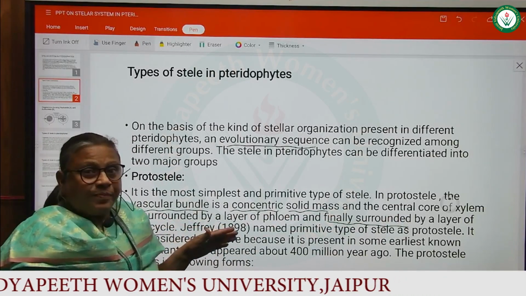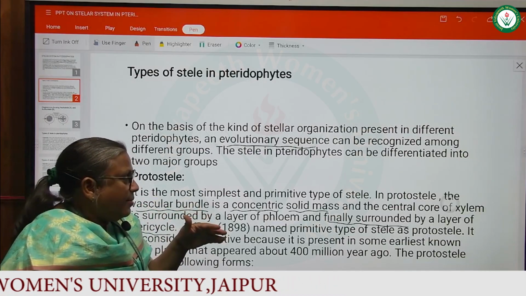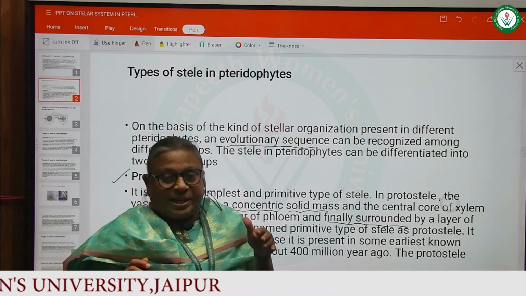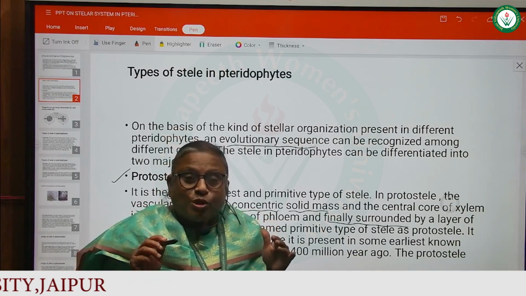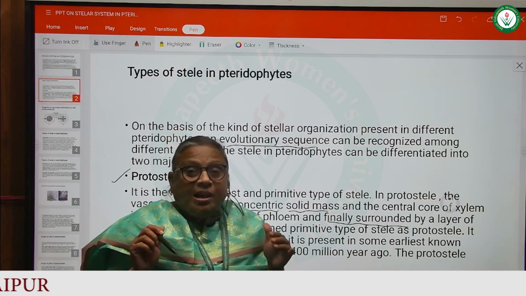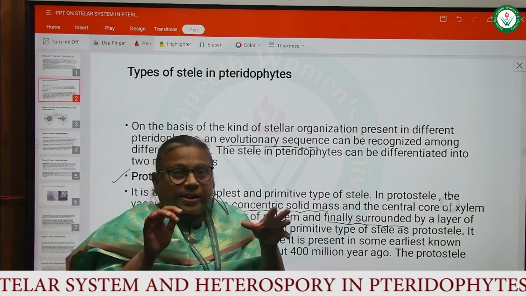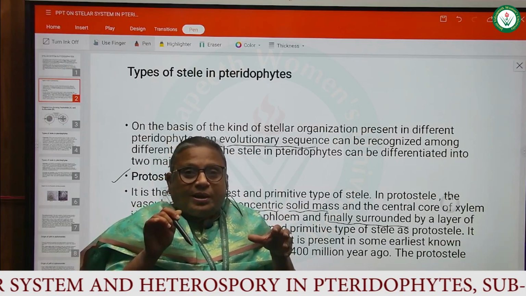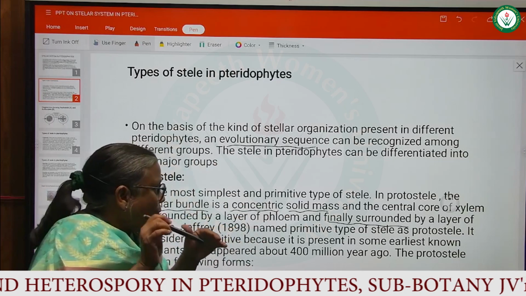Jeffrey in 1898 named the primitive type of stele the protostele. So protostele is the most primitive type of stele found in pteridophytes, and in this there is a solid central mass of xylem surrounded by phloem, and there is no pith.